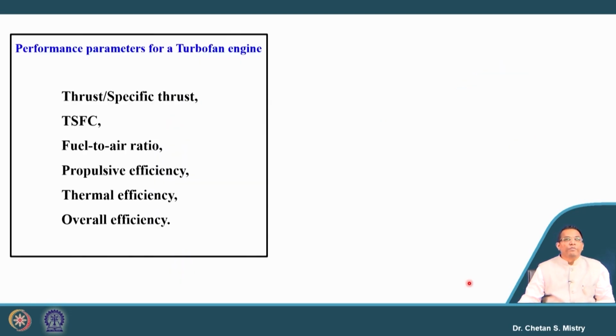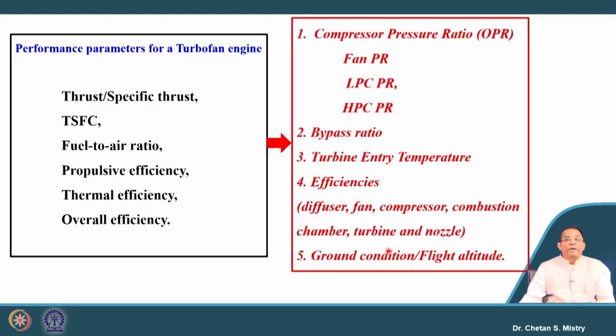We are looking at the performance parameter calculation in terms of thrust or specific thrust, thrust specific fuel consumption, fuel air ratio, propulsive efficiency, thermal efficiency, overall efficiency. And for this turbofan engine, these mainly depend on different cycle parameters.